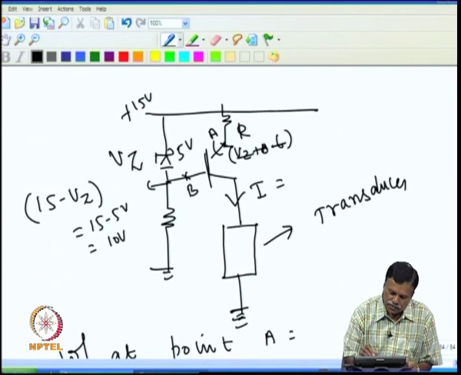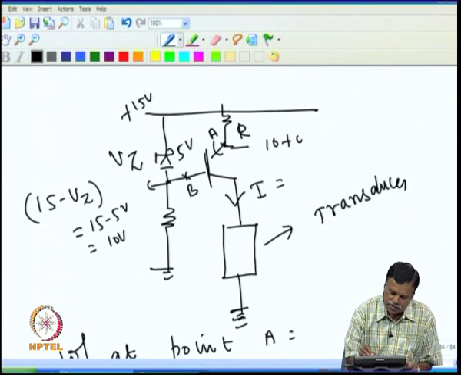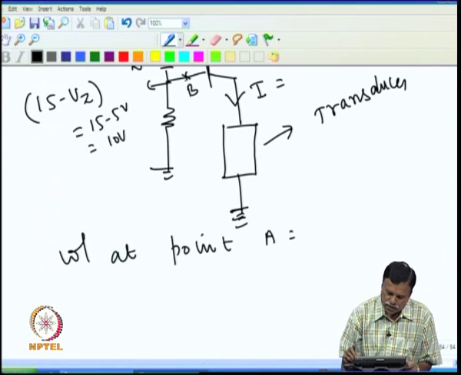Voltage at A would be 0.6 extra, so 10 plus 0.6 volt, because this is 10. So, voltage at point A will be 10.6 volt.